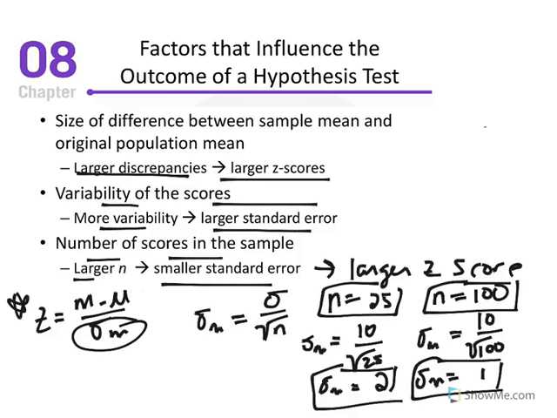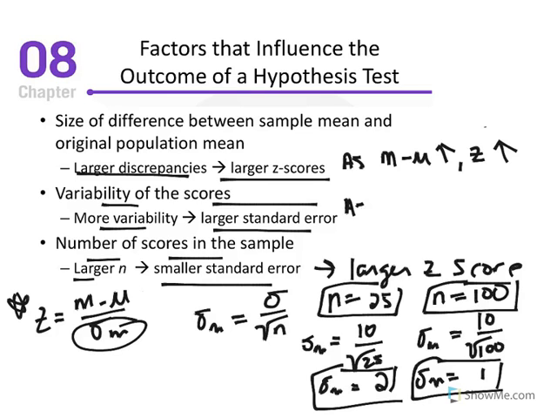So I'm going to just put a little notation here so that you can write it in your notes, because these relationships are very important and will be used and referred to in the subsequent chapters pertaining to the t-test, the family of t-tests. So here again, we say as the difference between M and mu increases, z increases.